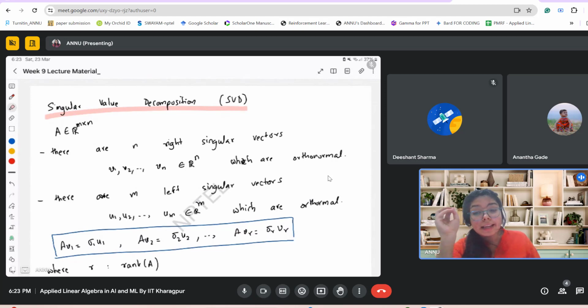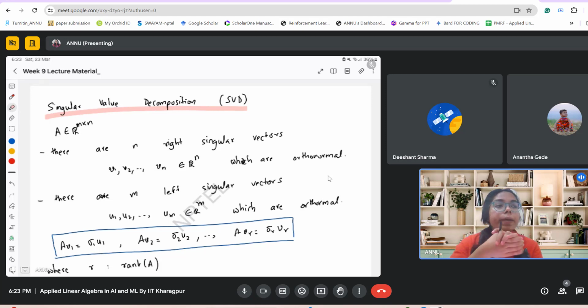So here it is not necessary that we need a square matrix. In eigenvalue decomposition we decomposed only square matrices, and the first condition was that the matrix should be square, and it should be invertible as well. But here it is not like that. Any sort of matrix is okay, we can do the singular value decomposition.